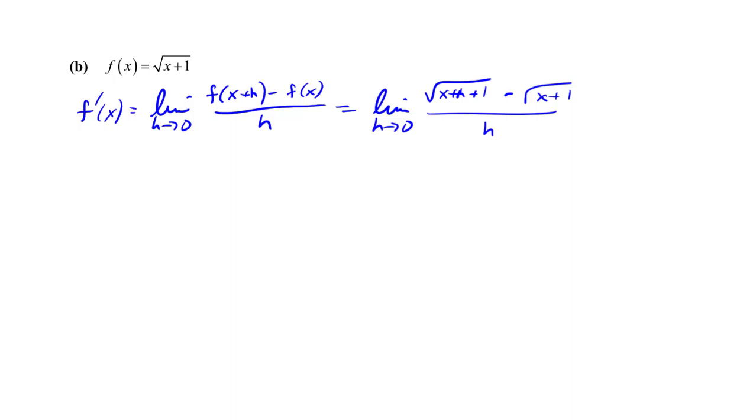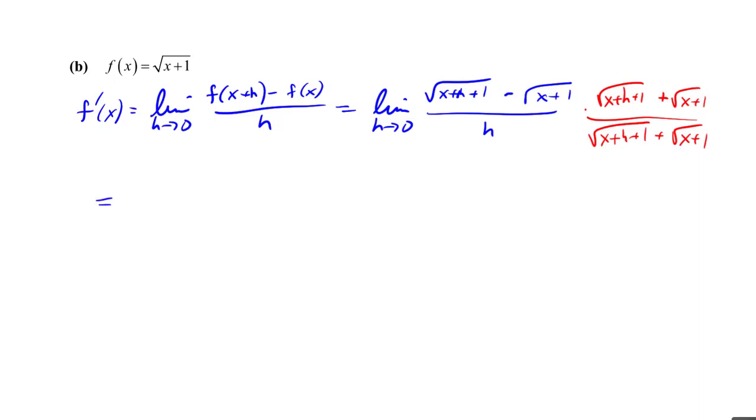And I have what looks to me like one of those radical conjugate situations. So what I'm going to do is multiply by the radical conjugate, in this case plus, square root of x plus h plus 1 plus square root of x plus 1, over the same thing. I'm just changing the sign of that term there.